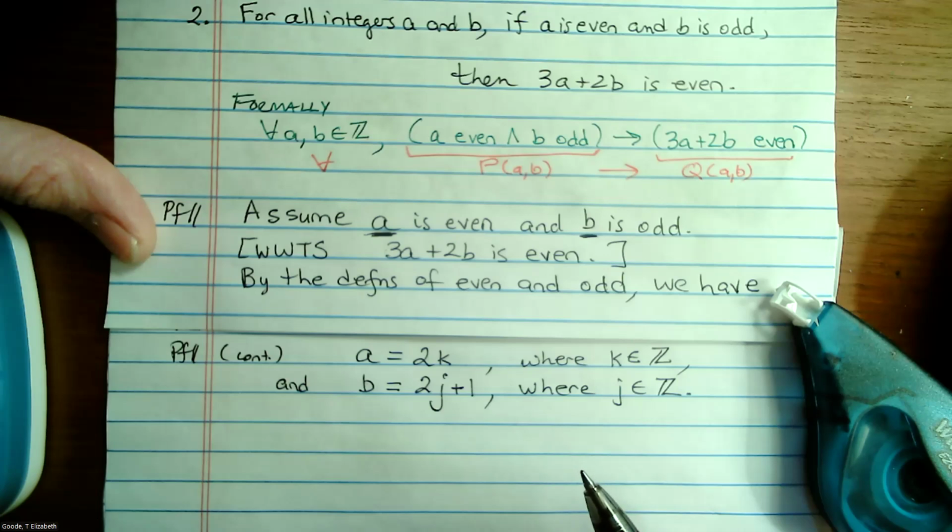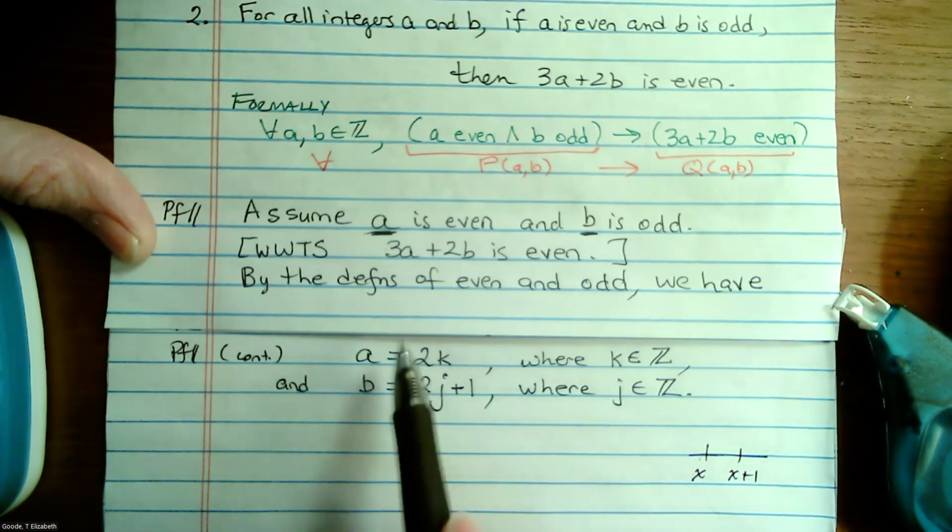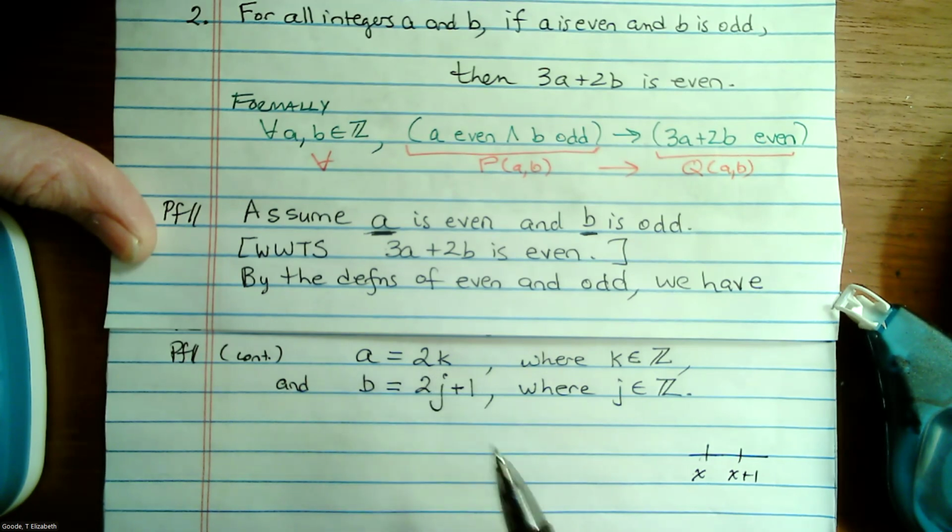We're going to talk about consecutive integers tomorrow, so don't get worried about that. Consecutive integers are x, and then the next one is x plus 1. And we don't know that. We just know that A is even and B is odd.